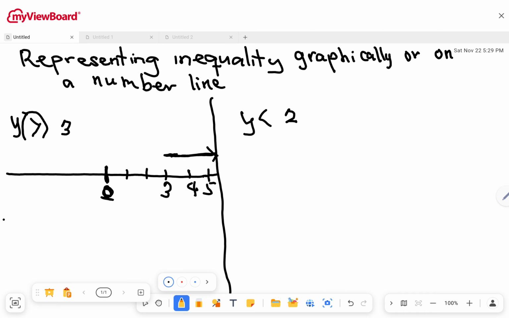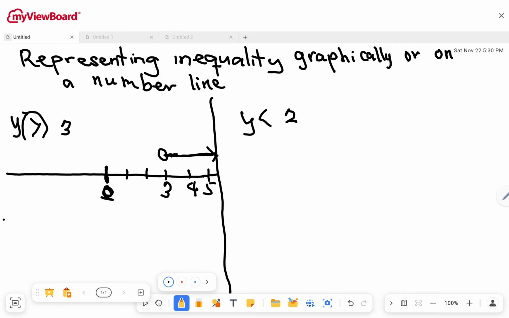Now, you have to draw a circle on top of the 3, a smaller circle like this. This circle must not be shaded, or what I mean is this circle should be hollow. There is a reason why we leave this circle to be hollow and not completely filled.